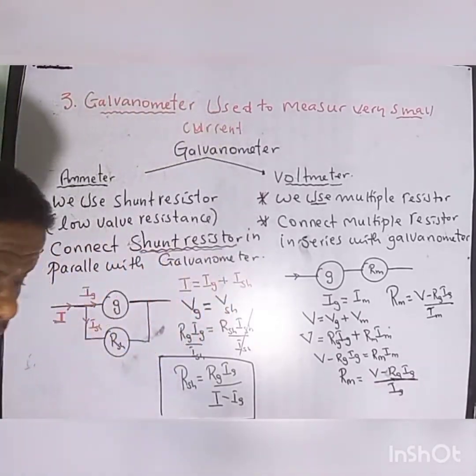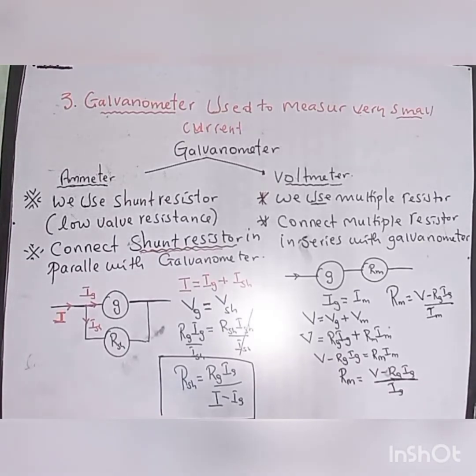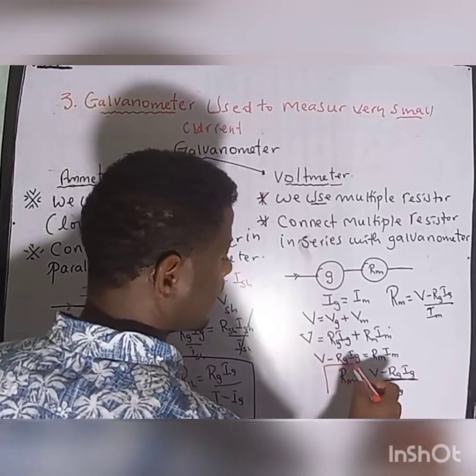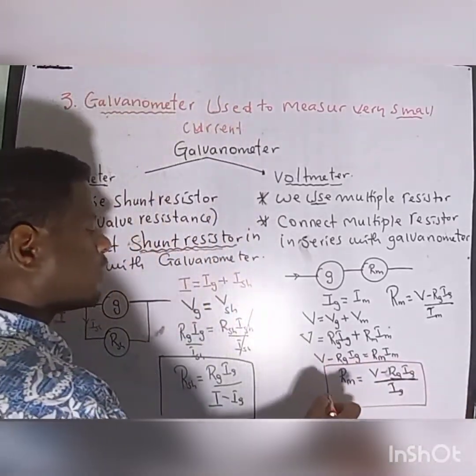This is the equation to determine the value of the multiple resistor, to use a galvanometer as a voltmeter.